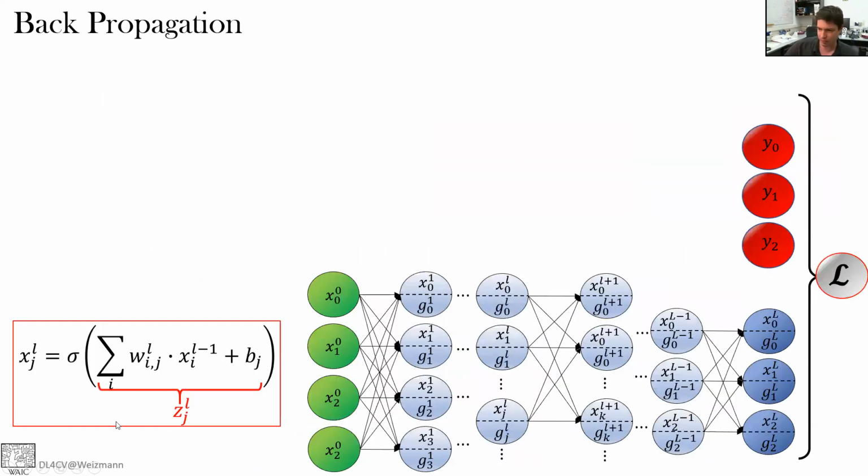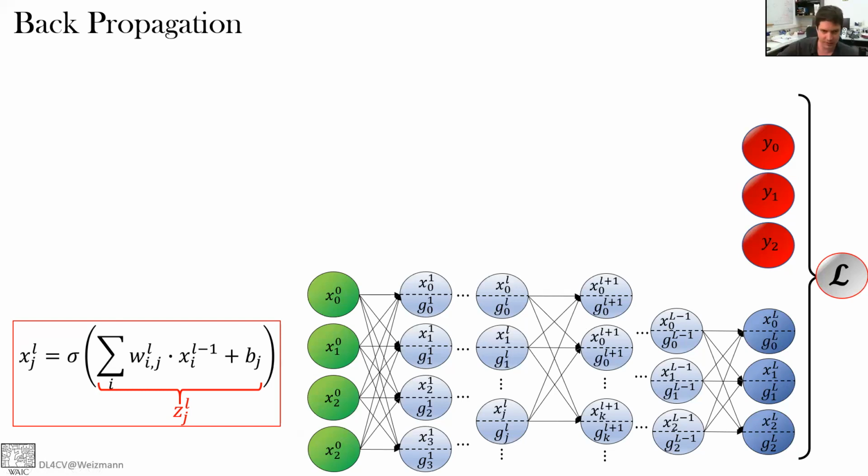At the bottom we have again the equation that expresses the value of each neuron. In the network, for each neuron we have two values. We have the X value, the forward value of this neuron, but each neuron also has a G value, and the G value is what we want to obtain now.